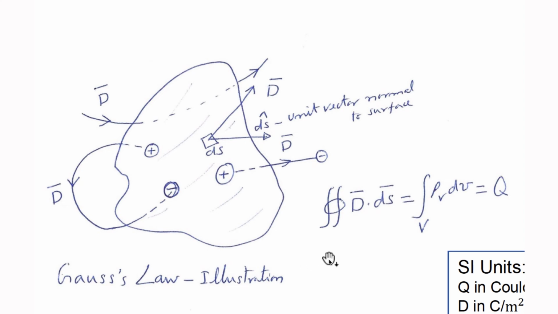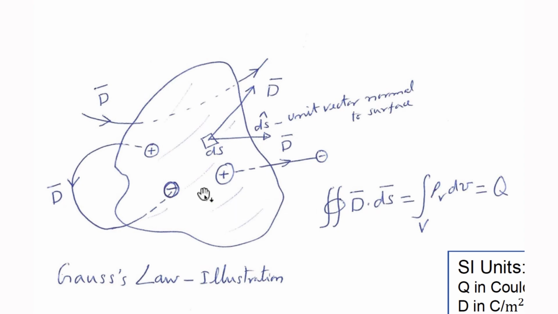Now what Gauss's law is stating is that the total electric flux density coming out is equal to the charge contained within that closed surface. That is, you are summing up all the electric flux density lines multiplied by the small elemental area.